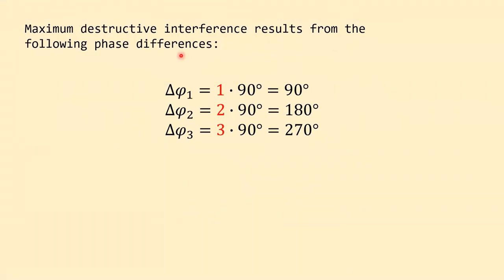In each case, the phase difference is an integer multiple of 90 degrees. The one we just looked at, 270, is 3 times 90. Before that, 180 was 2 times 90. Is this a general pattern? Can we now predict a 4th phase difference between adjacent slits, which also produces perfect destructive interference?